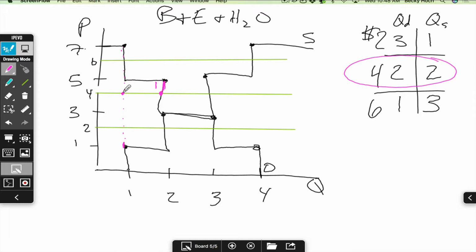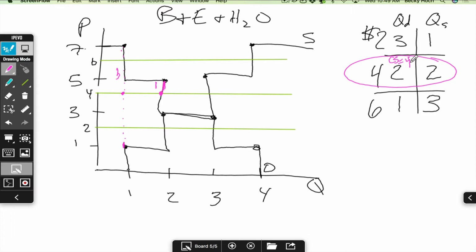So my consumer surplus is... See how I'm working this all out? CS equals 4.